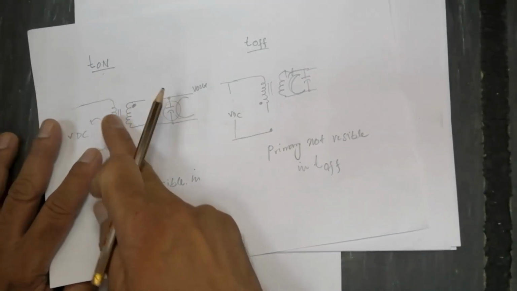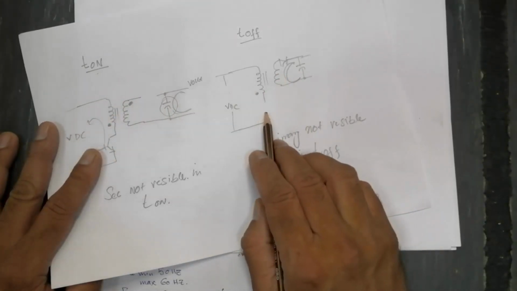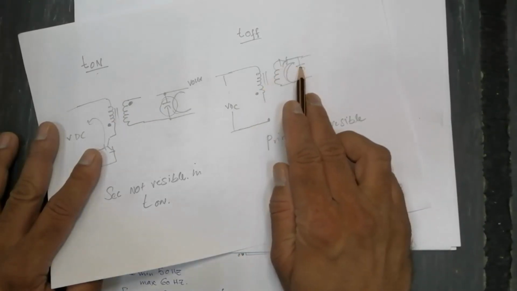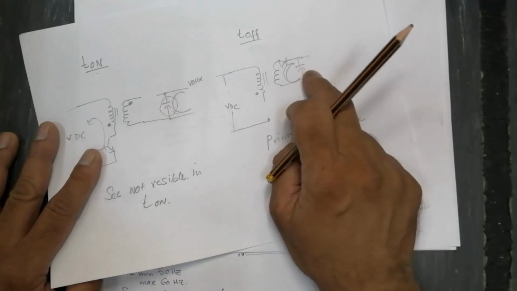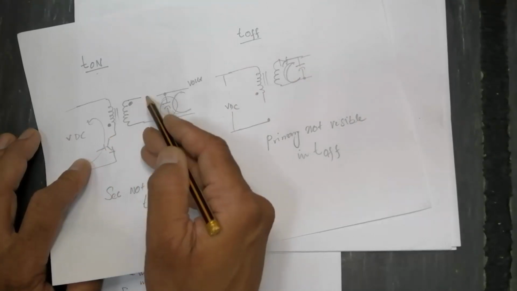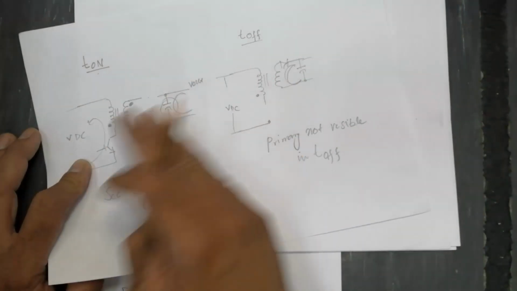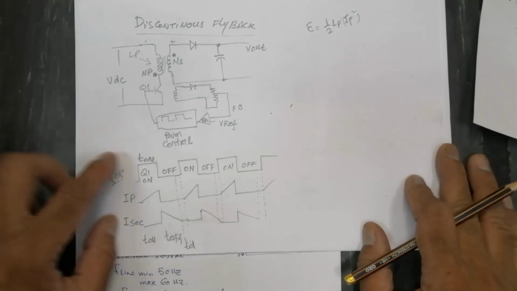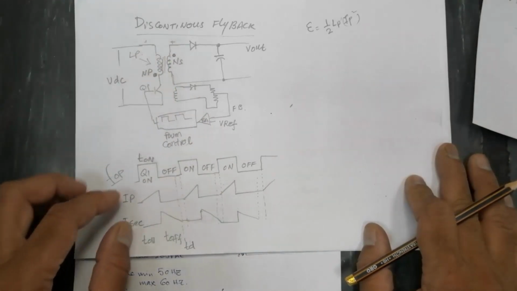When Q1 is off, voltage is transferred to the secondary and charge is stored in the capacitor. When the capacitor is replenished and full, Q1 turns on again, and the capacitor drives the load. So it will keep pumping the capacitor. This is the function of this flyback transformer.